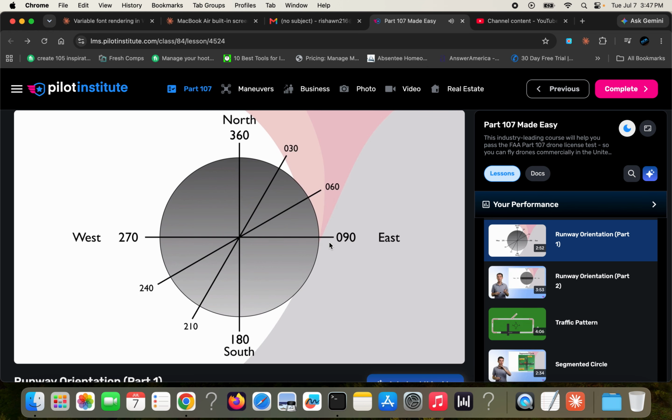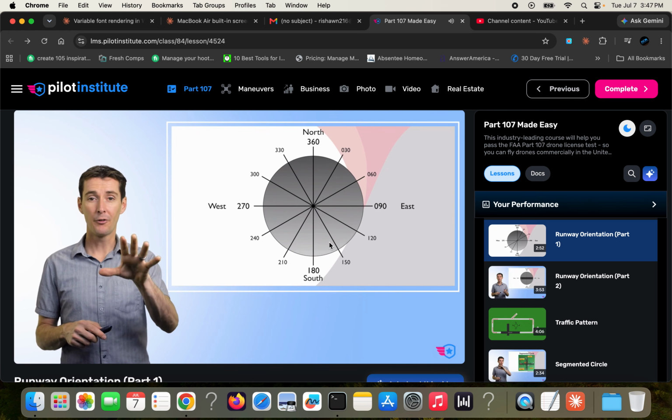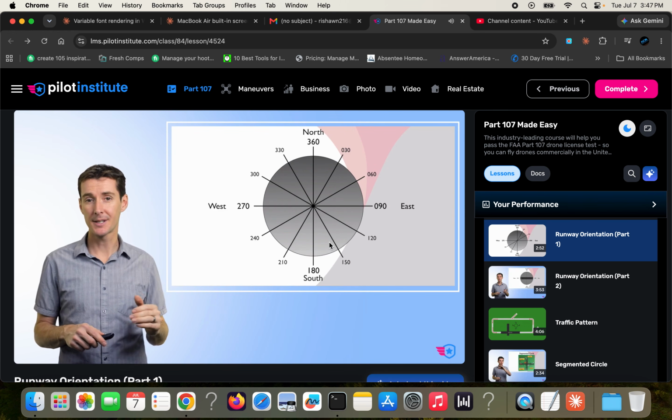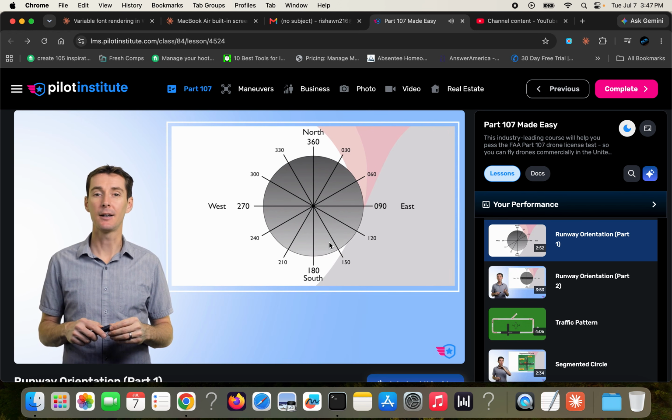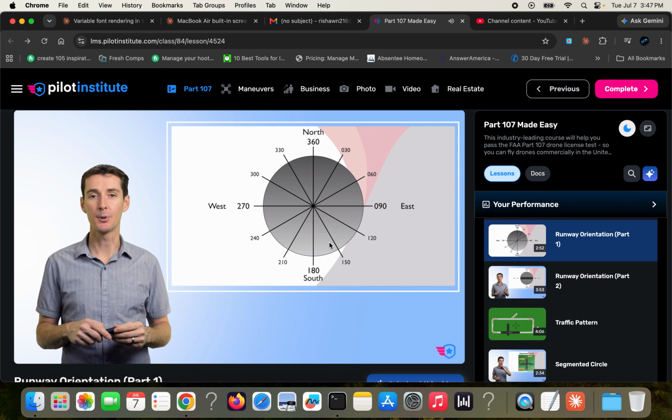We have 030, and the opposite is 210. 060, opposite is 240, and then it continues with 120, then 150, and 330 being the opposite. This is just a few of the 360 possible degrees that we have available on this compass rose.